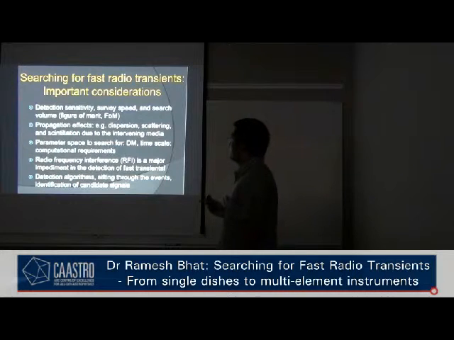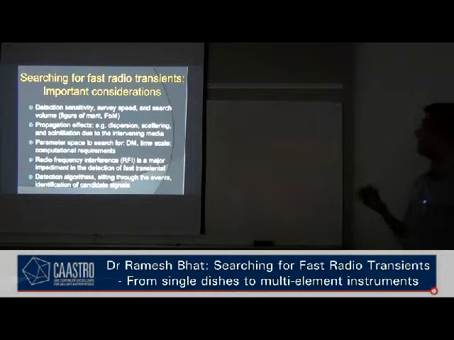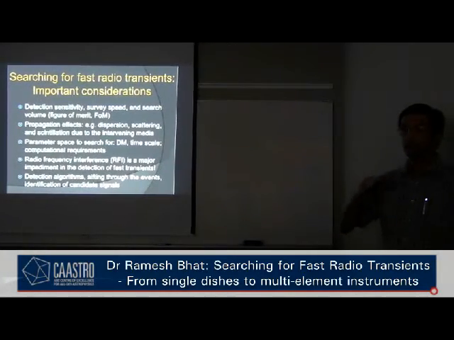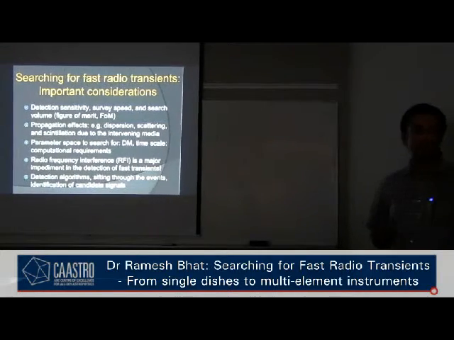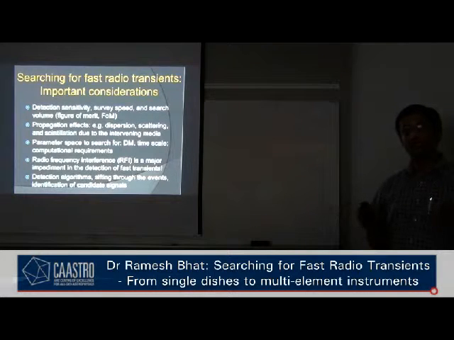So let me briefly cover some of the important things that come into play when you start looking for this sort of thing. Obviously, things like detection sensitivity, survey speed, and the volume that you sample are important factors. And like I said, you need to worry about propagation effects like dispersion and scattering. I will describe them in a minute. Then you need to search over a large range of parameter space. It is not just the range of the parameter space; you also need very high resolution sampling.